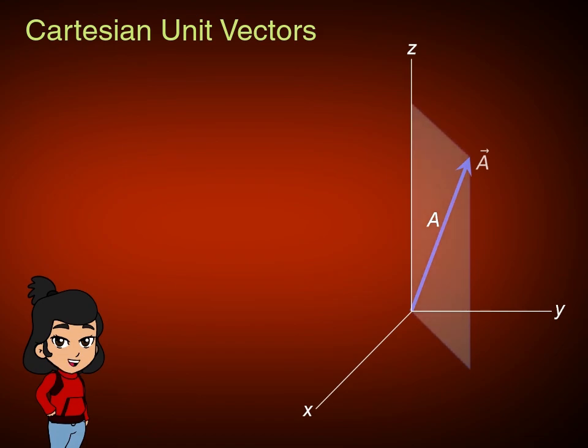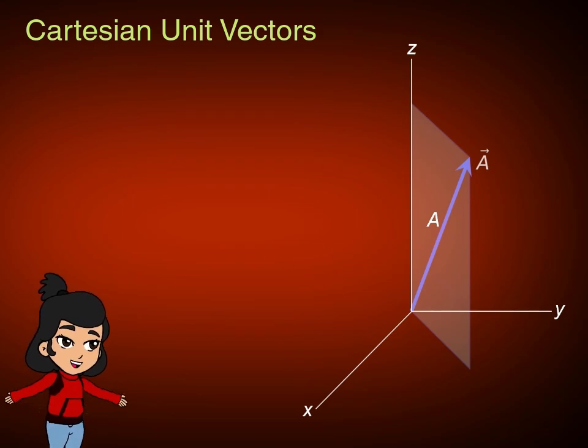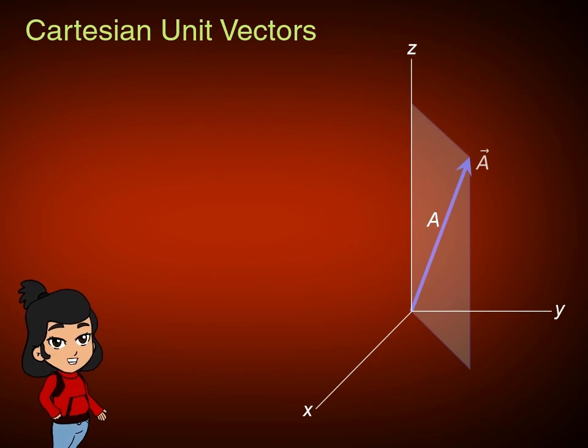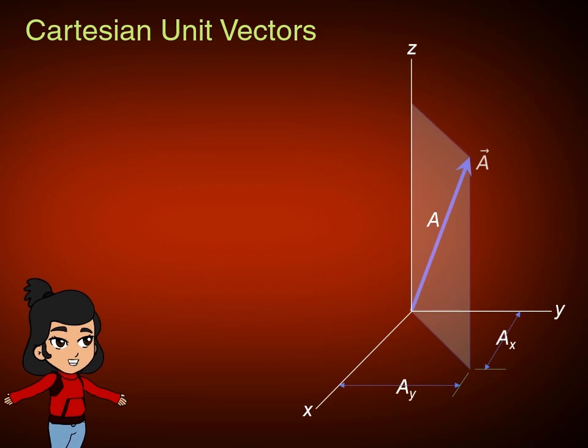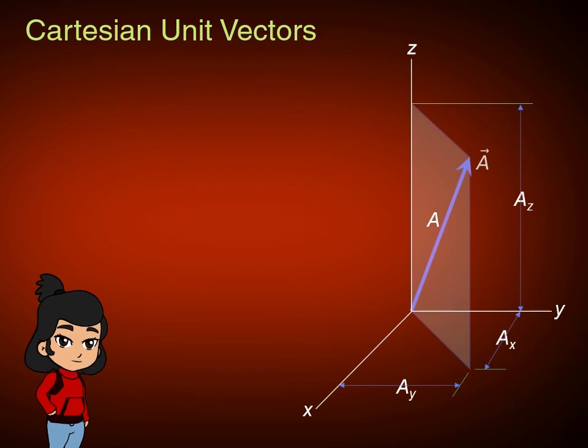Suppose you have a three-dimensional vector with a magnitude of A. Here, the vector is represented by the A with an arrow, and the magnitude is just an A. Vector A has components acting along the x, y, and z axes. These are given by Ax, Ay, and Az.